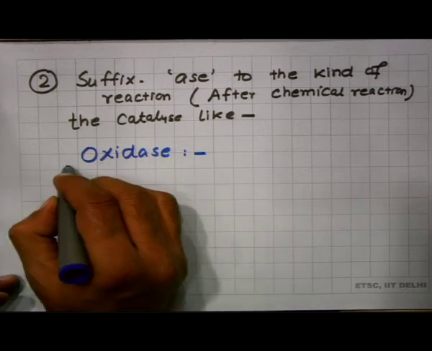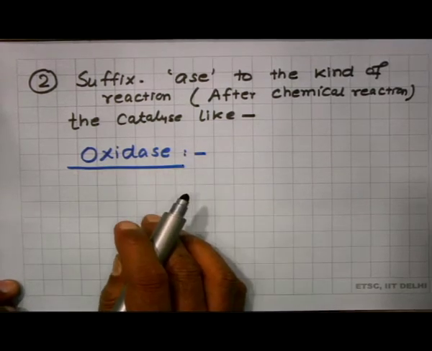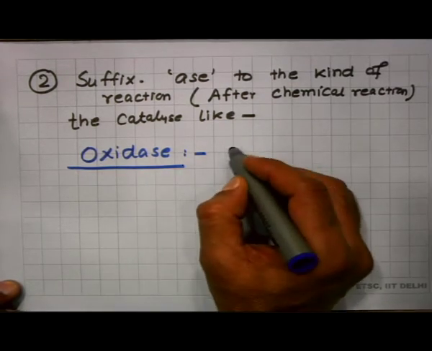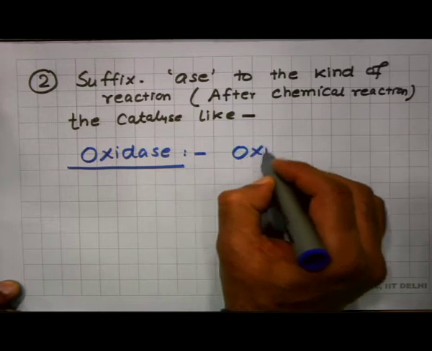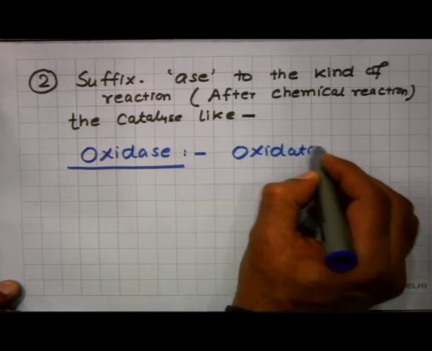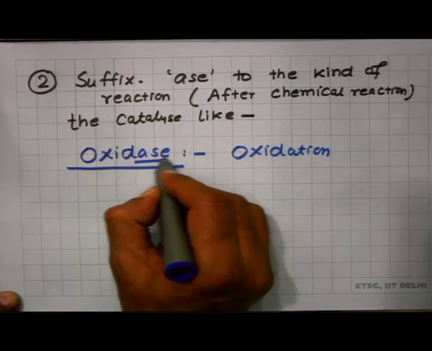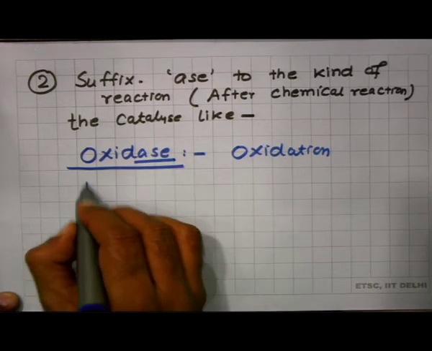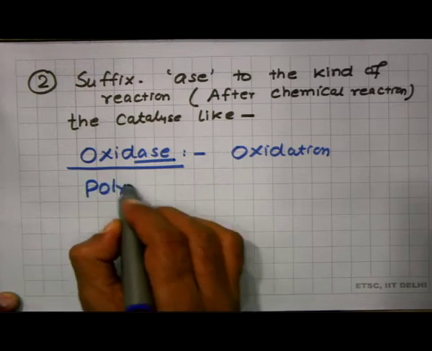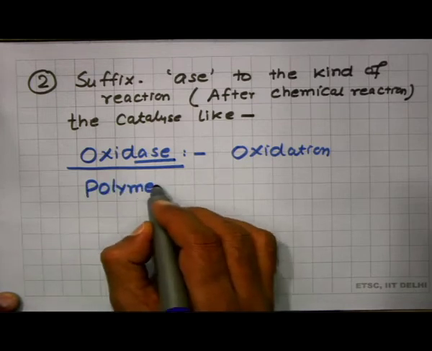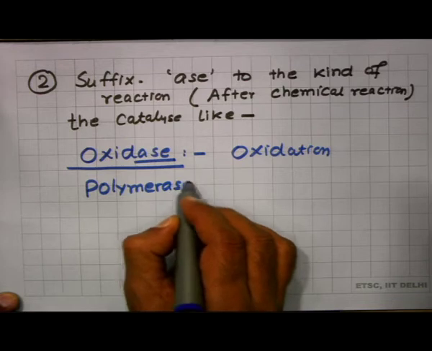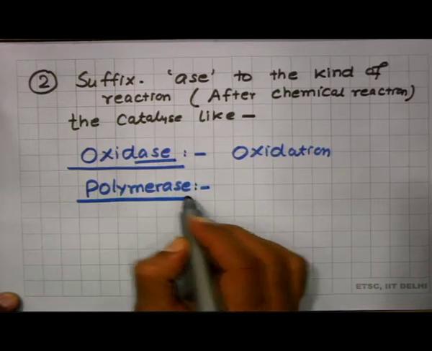What type of reaction is going on in oxidase? Very good, that is oxidation. When the enzyme helps in oxidation, that enzyme is called an oxidase enzyme. Next one, polymerase. What type of reaction is going on?